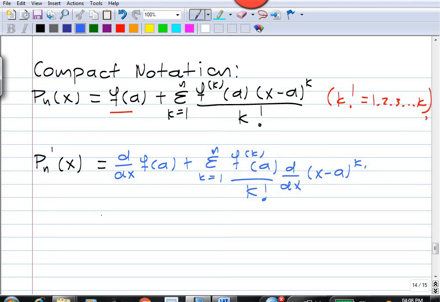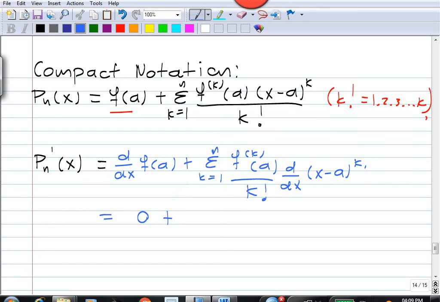So this gives us, well, d dx of f of a is 0, because f of a is a constant, plus, well, if we look at what happens when k is 1, then we're going to have d dx of x minus a, and that's just 1.